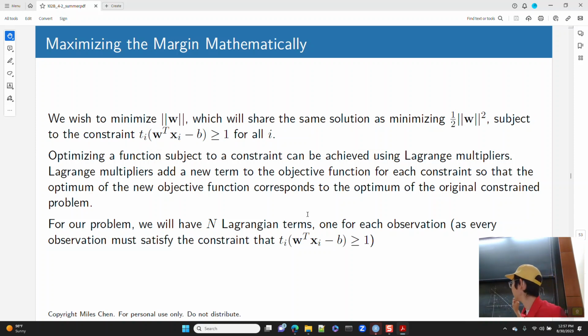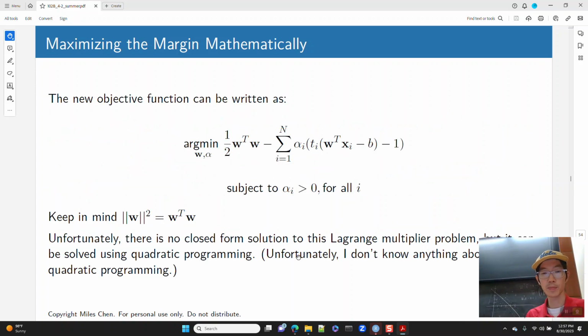Basically, one for every single observation, because for all of these observations where we have a plus out here or a minus down here, the w that we choose has to respect that these points remain on the plus side and these points remain on the minus side. So we can't just pick some w and say this is going to maximize it if things end up on the wrong side. So we're going to have a whole bunch of these Lagrange terms, one for every single observation.